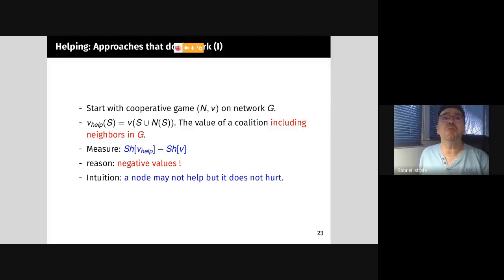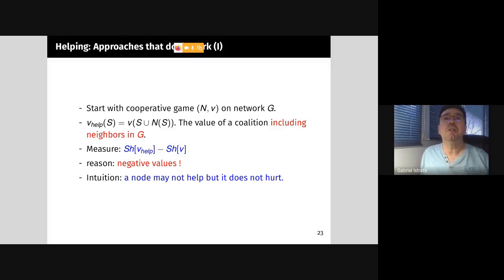So a first approach was to try to get a coalitional game, which basically starts from a coalition and adds all the neighbors of nodes in that coalition, and then you get another game, and you take the Shapley value of that second game and you remove the Shapley value of the original game.